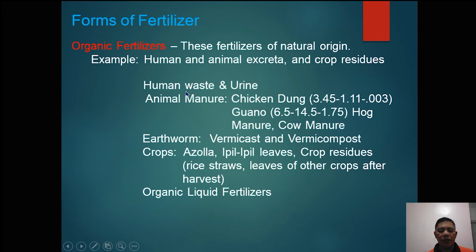So I included here human waste and urine. And urine of animals can also be considered as organic fertilizer. Then we have animal manure.